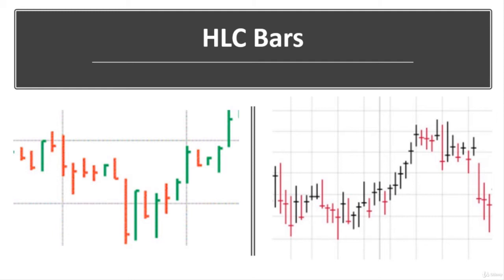To really make the close stand out more, you can see there's no body or left tick mark. It's just the same left and right. That can get a little confusing because it might tell you that the opening and the close were the same. But if you set it up as a high, low, close bar, you can use that look if you prefer it, and just know that there's no open being reflected in that at all.